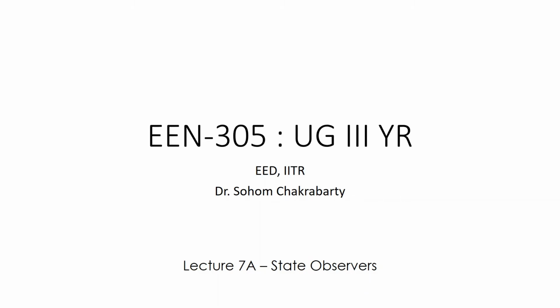By the knowledge of the past outputs, we would be able to reconstruct the present state information, and that information we can then use for designing the state feedback controller. So in this lecture, we would understand how we can actually observe the states or estimate the states.